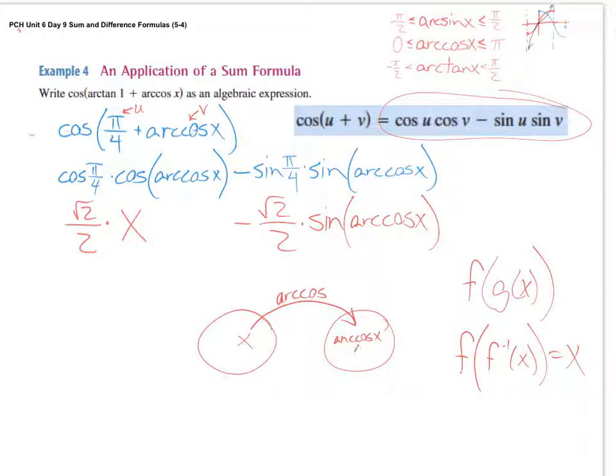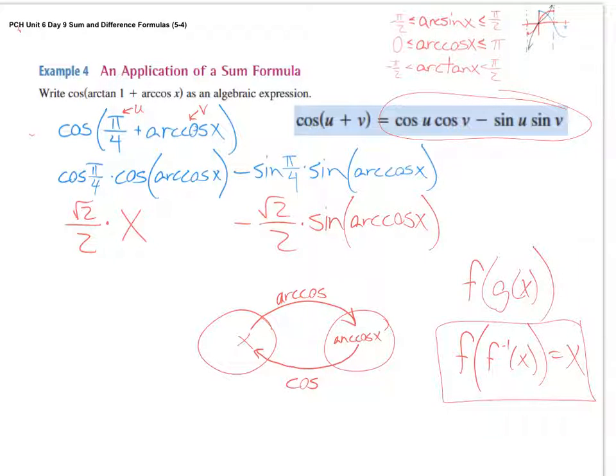Cosine takes that value, and when we take the cosine of that value, it maps it right back to the x because these are inverse functions. So whatever the arc cosine does, the cosine will undo that and get us right back to x. That's the whole concept here of inverse functions.